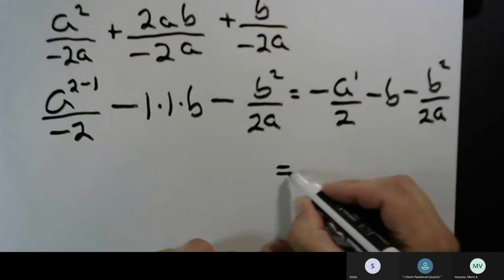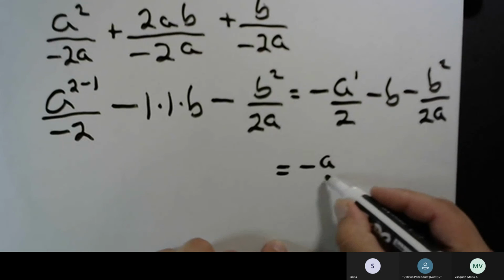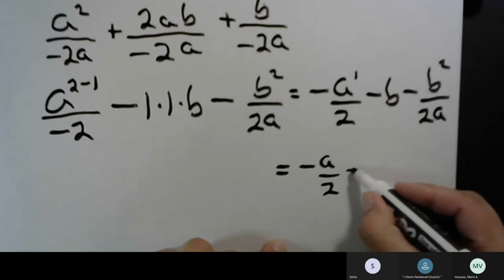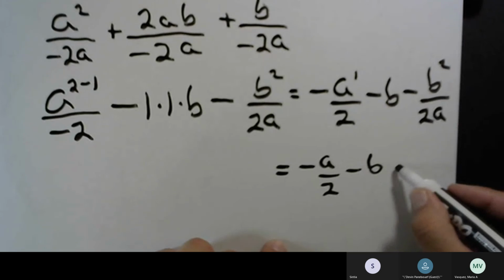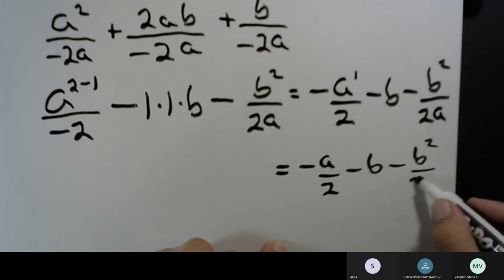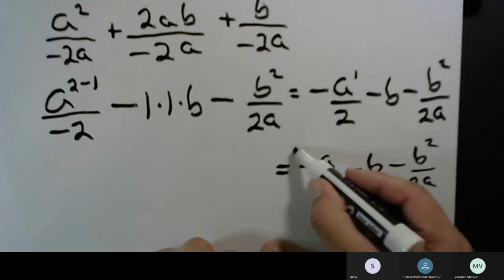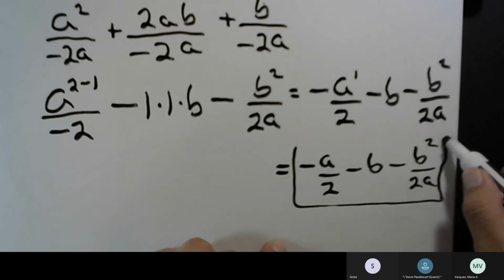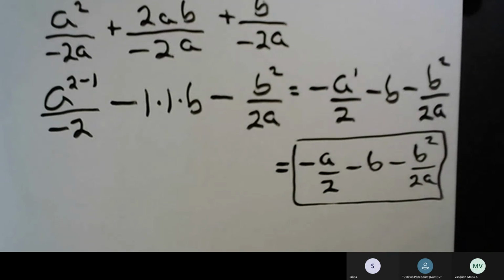And then that'll just give you minus a over 2 minus b squared over 2a. Questions about that?